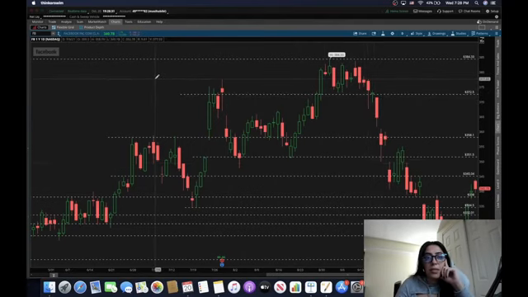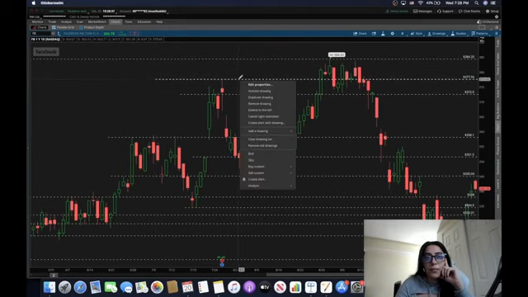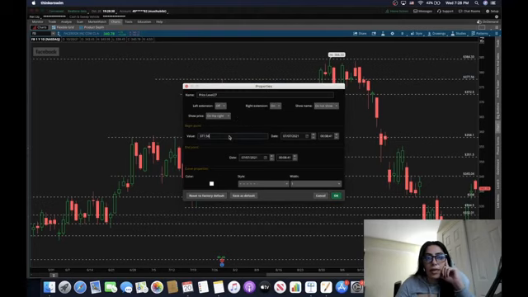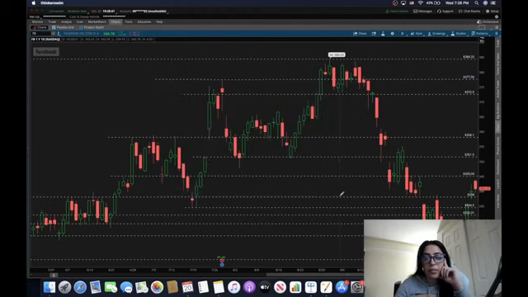I'm going to chart the top of this wick here at 377.50 because it is a random wick, and I do see it filling that wick or holding that top of that wick as support. Okay, comes back down, rejects 377.50, comes back down, holds our support at 351.50, comes back up.